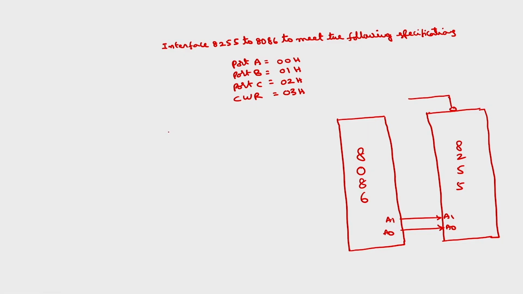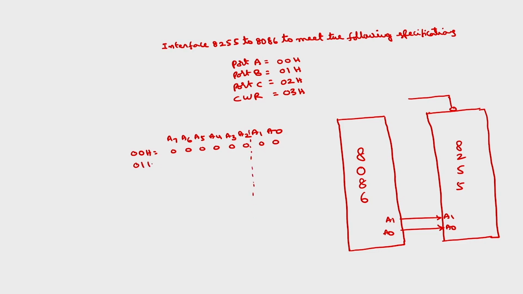So what is the address map for port A? A7, A6, A5, A4, A3, A2, A1 and A0. 00H is equivalent to 00000000.